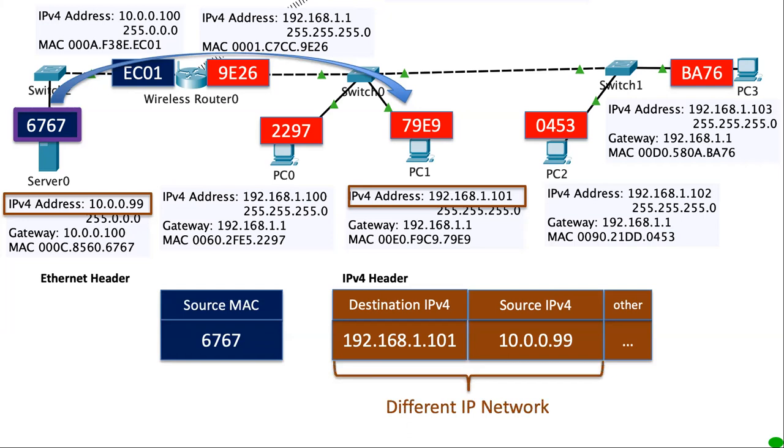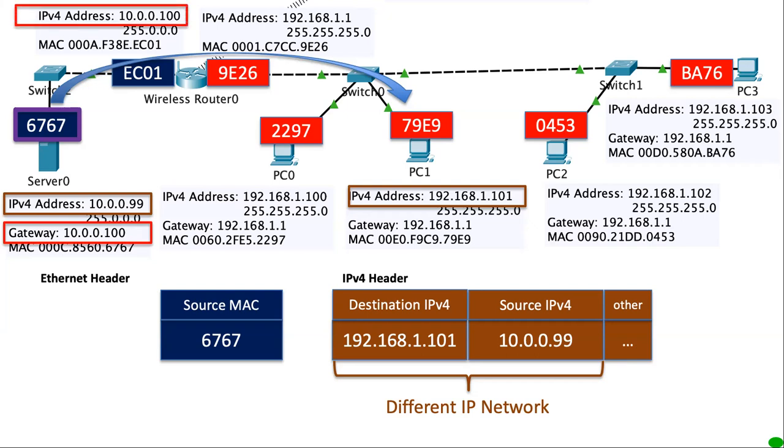And server 0 realizes, hey, the destination IPv4 address is on a different network than me. I can't get it there directly. Same issue PC1 has, or did have. So server 0 says, oh, well, let me check the IP address of my default gateway. Oh, okay, that's 10.0.0.100.